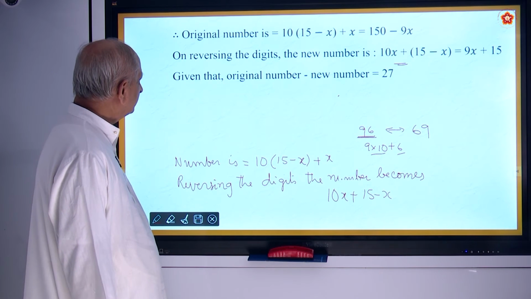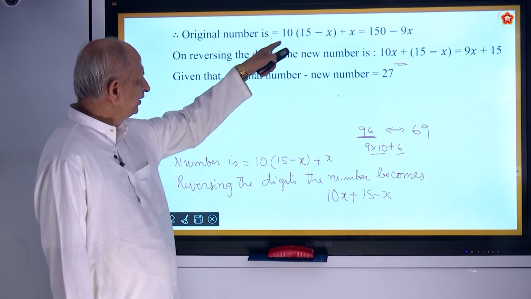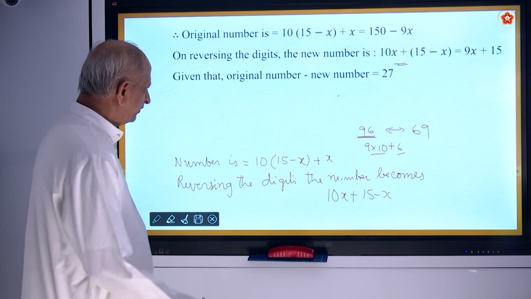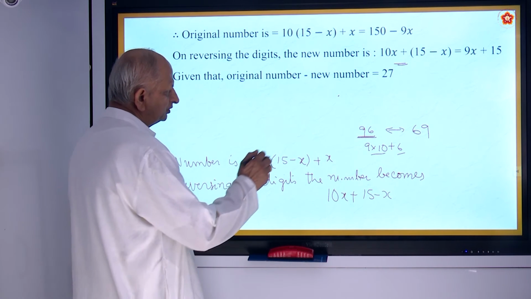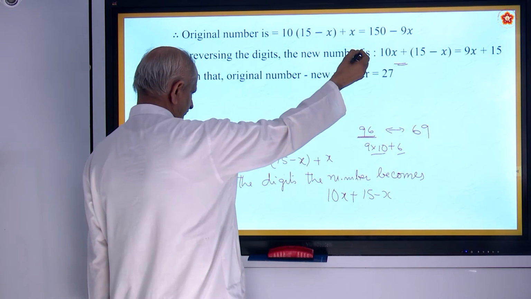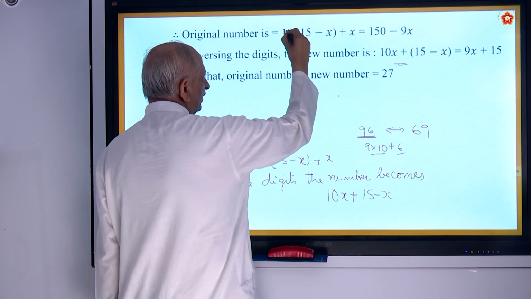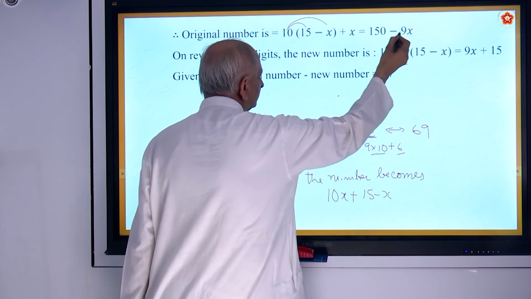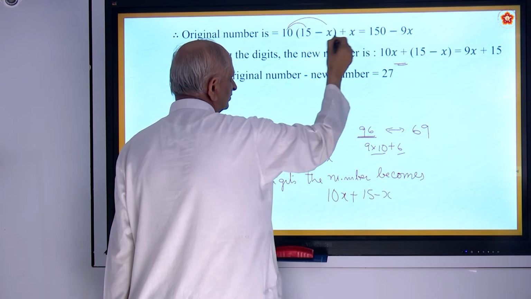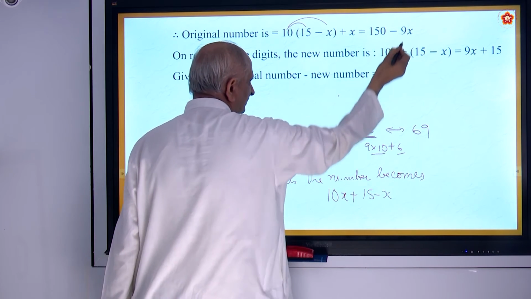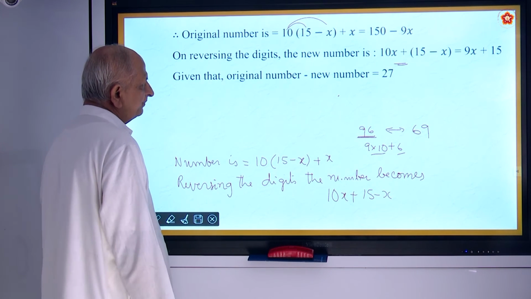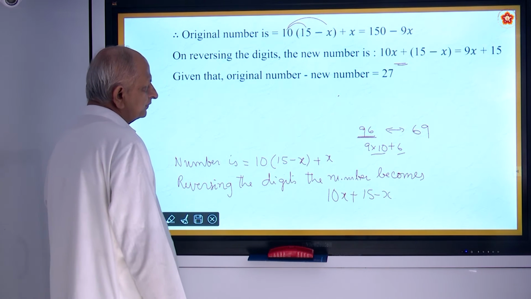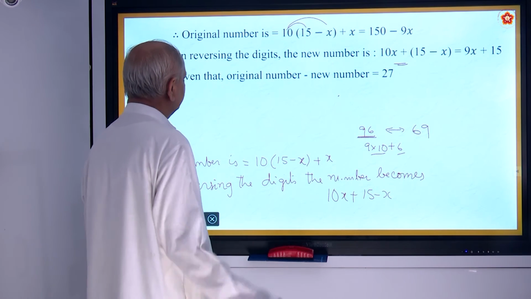So, equation original number is 10 into 15 minus x plus x. So, suppose you remove it, what you have? 10 into 15, 150, 10 into x, minus 10x plus x. So, minus 10x plus x becomes minus 9x. So number becomes 150 minus 9x.